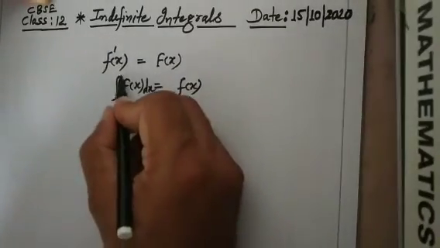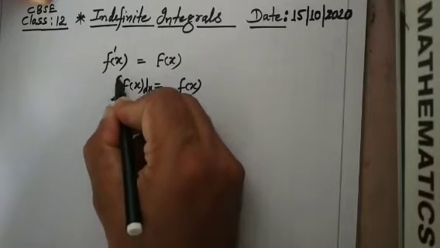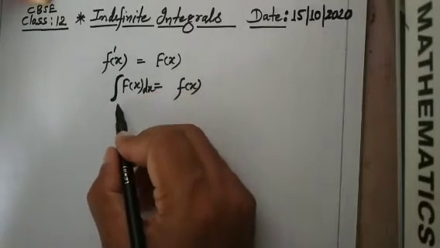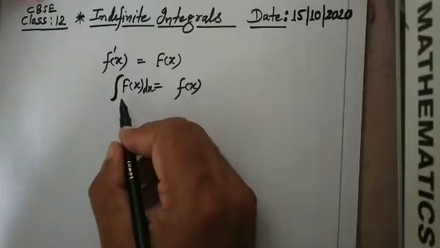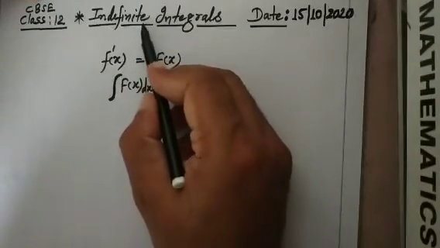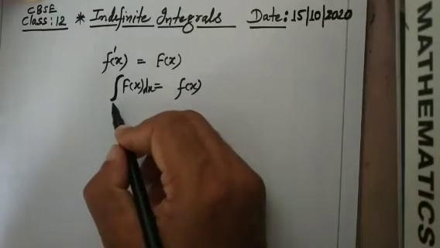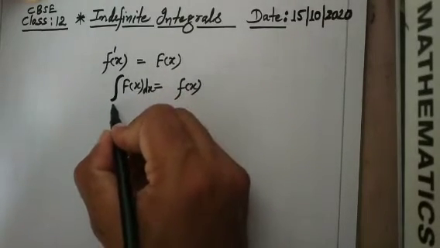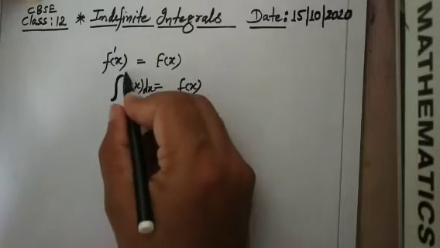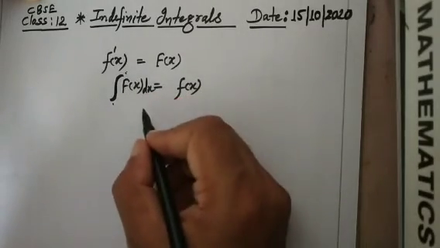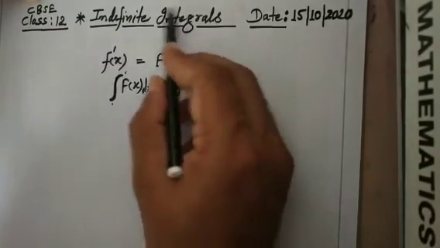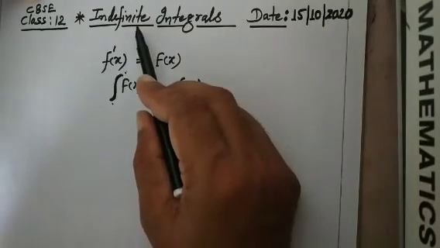Since here we have no limits given, from which point to which point we are integrating, that's why it is indefinite. Indefinite means there are no finite boundaries given to us. If boundaries are given, with the upper limit and lower limit indicated on the integral, then it is called a definite integral.